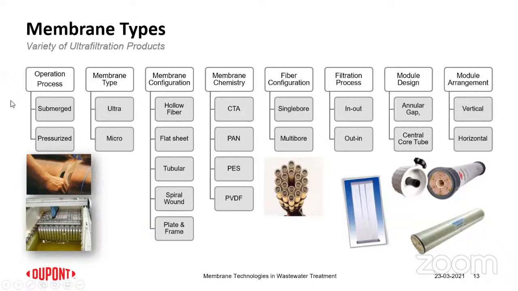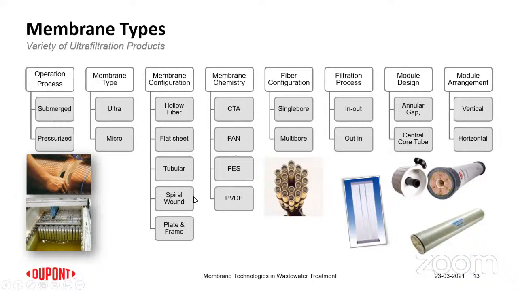If it's submerged, the membranes are submerged in a tank, and through suction, filtration happens. And there is also pressurized, where the fibers in a vessel are pushed, where wastewater is pushed and the filtrate is collected through certain ports. They're either classified as ultrafiltration or microfiltration, based on the type of membrane.